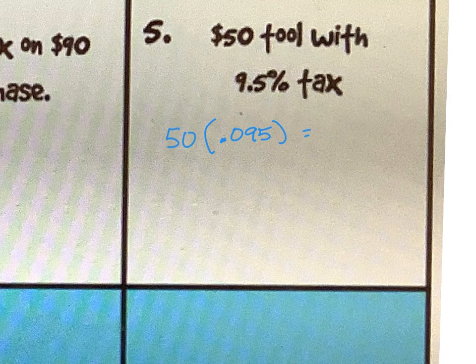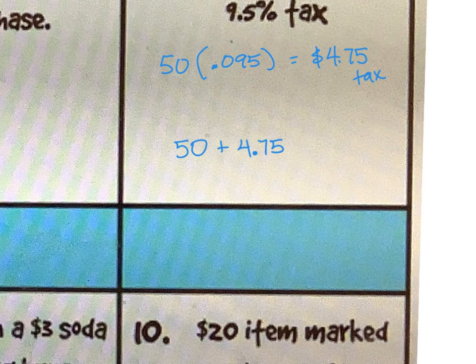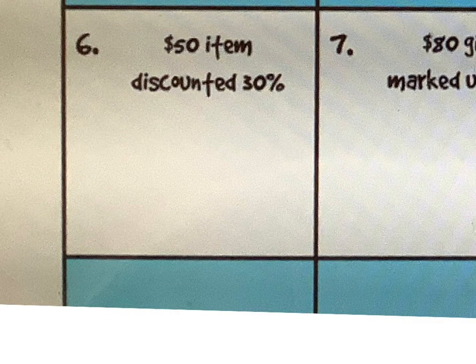When we multiply that, we get $4.75. That's just the tax. So to get your total bill, you have to add that back into your original $50. And that gives you your grand total of $54.75.